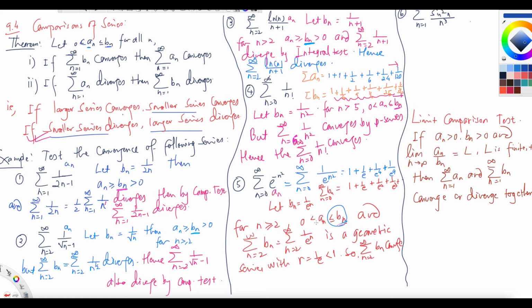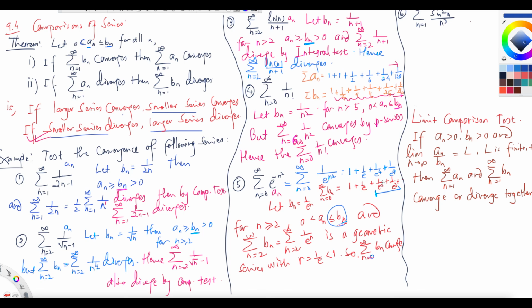Okay. And you may be curious, our series is given from 0 to infinity, but we showed the series converges from 2 to infinity. That means the sum of the terms after this is finite, and adding just these two finite numbers, the whole series converges, right?